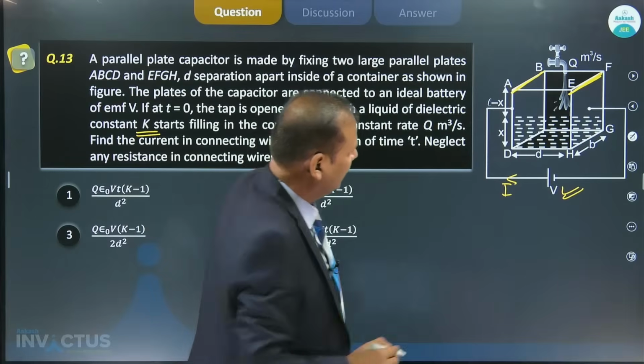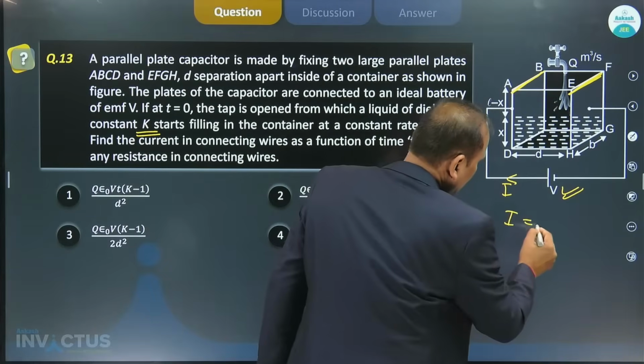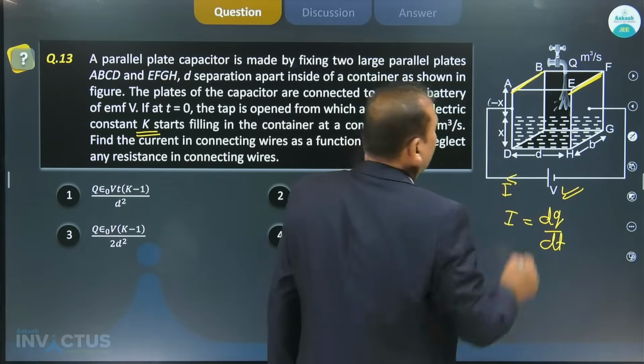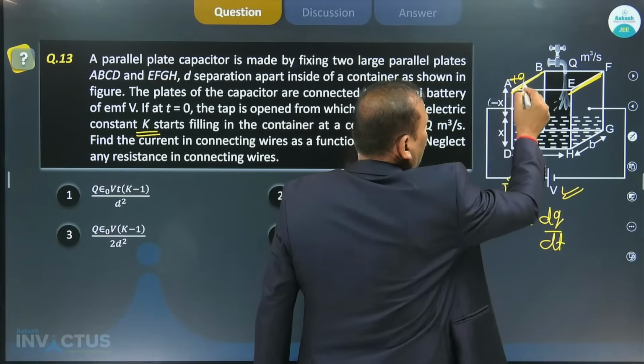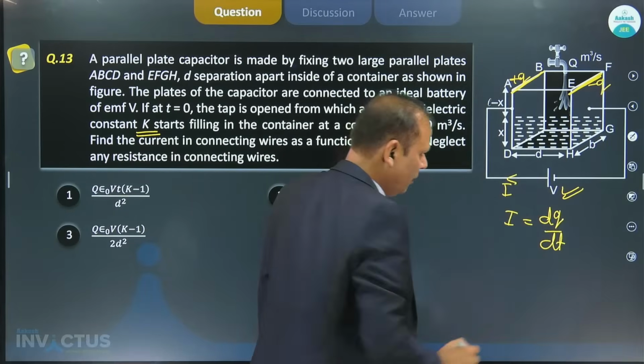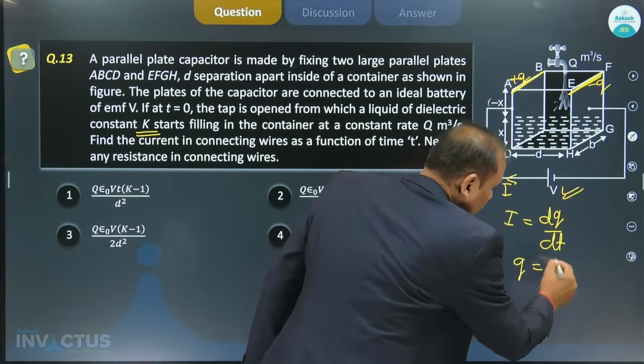तो करंट कैसे निकलेगा? I is equal to dq by dt. We can think on this plate charge is plus q, on this plate charge is minus q, and q is equal to CV.